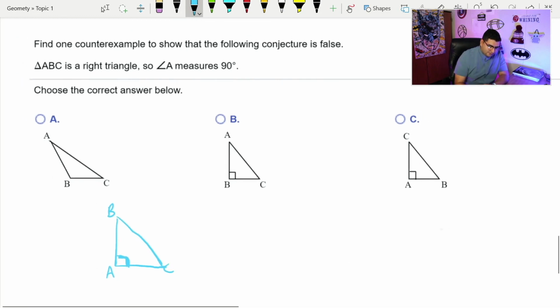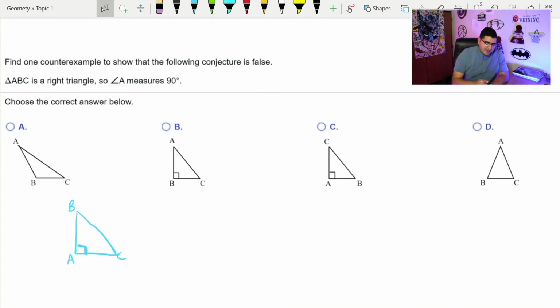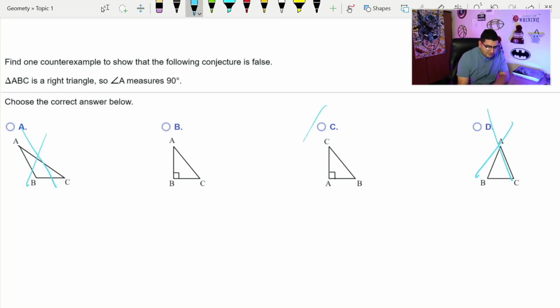So let's go ahead and look at the four options they've given us. Two of my four options are not even right triangles, so I cannot use these to prove that conjecture wrong. Option C shows me a right triangle where angle A is in fact 90 degrees. So this is an example that would prove that conjecture to be correct.